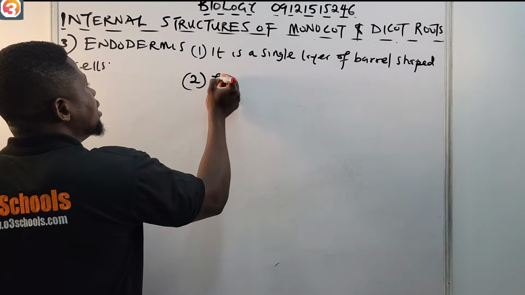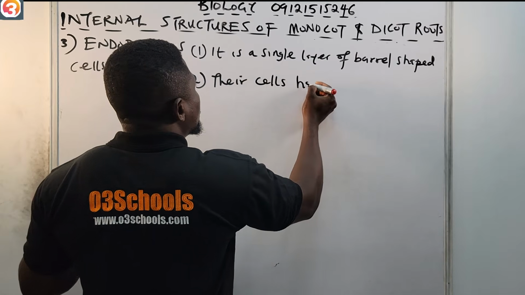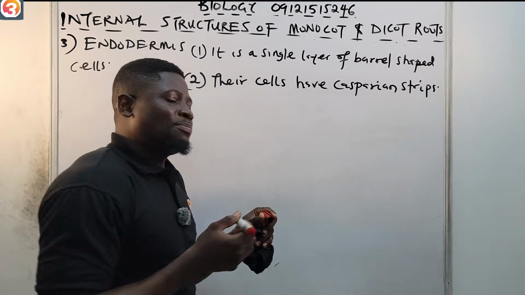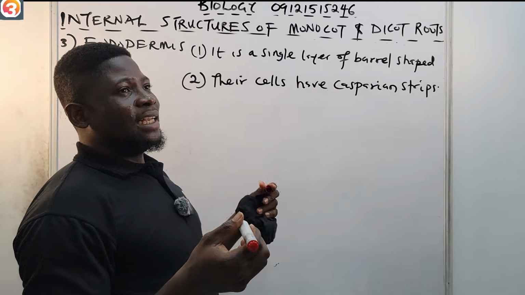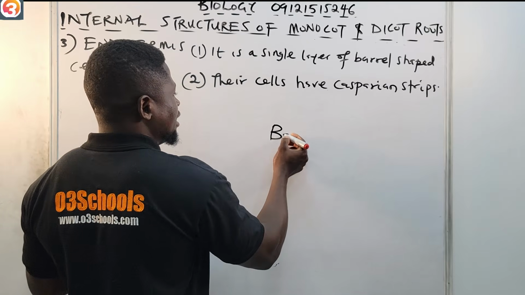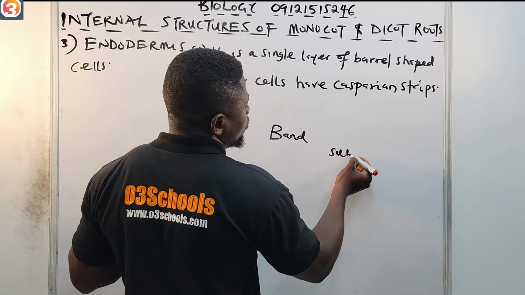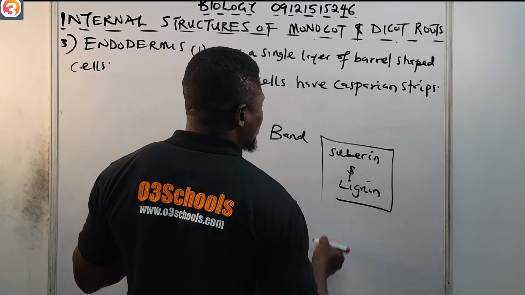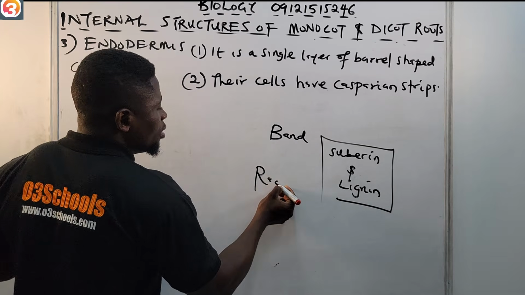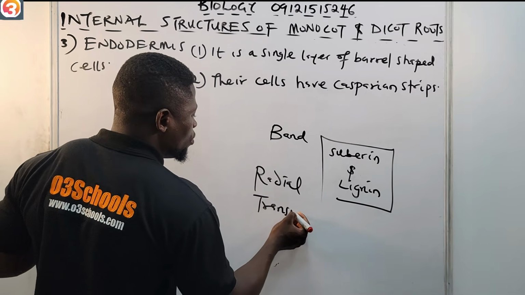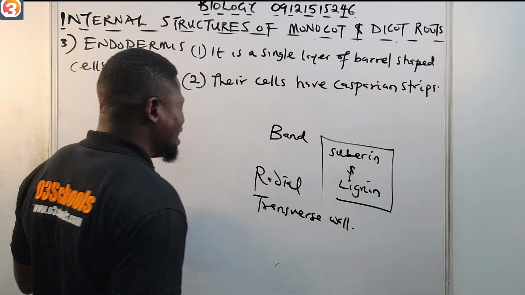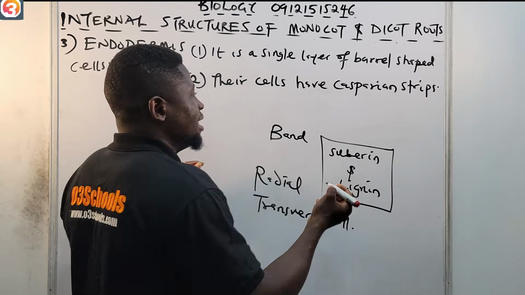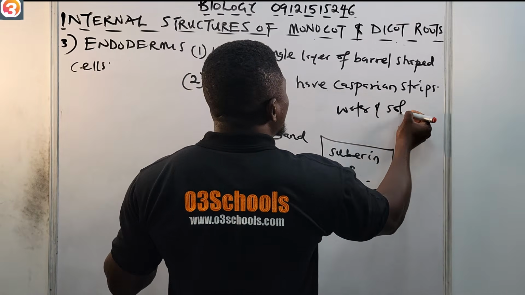And their cells have what we call Casparian strips. Number two, their cells have Casparian strips. And by Casparian strips, what do we mean? We mean that their cells have a band of suberin and lignin that are located on radial and transverse walls, that helps to conduct water and solutes.